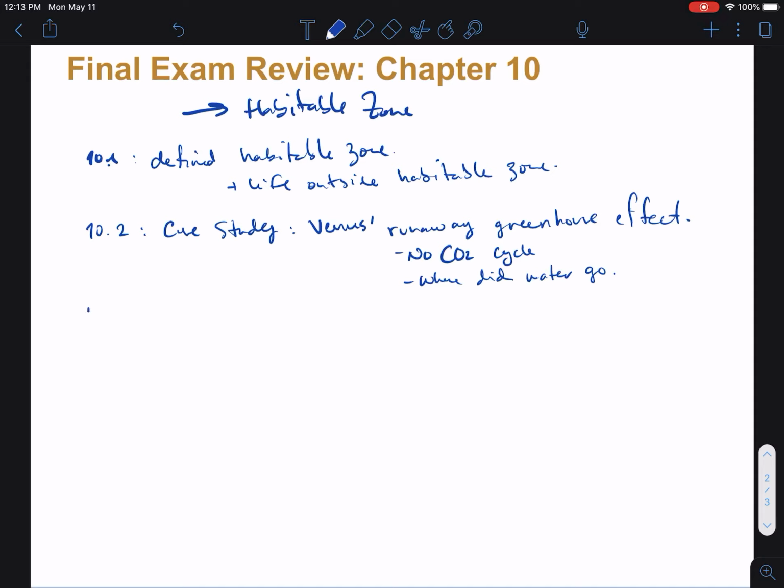So this led us to our next section, which was really talking about planetary factors that affect habitability in terms of the habitable zone. So this can extend the edges. What are the factors we need? So it needs to be inside the habitable zone. It also needs to have internal heat for plate tectonics.